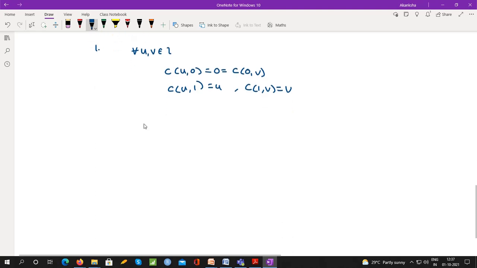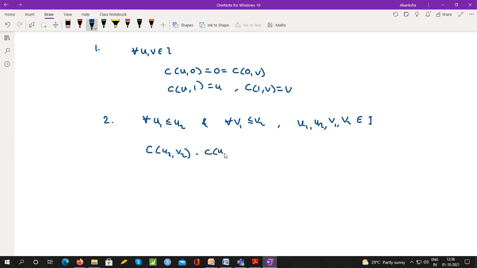And because of the two-increasingness, for every u1 less than or equal to u2 and for every v1 less than or equal to v2, where u1, u2, v1, v2 are all in I, we will have C(u2,v2) minus C(u2,v1) minus C(u1,v2) plus C(u1,v1) greater than or equal to 0.